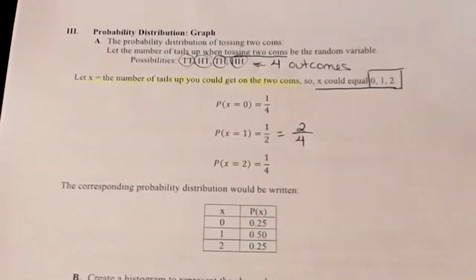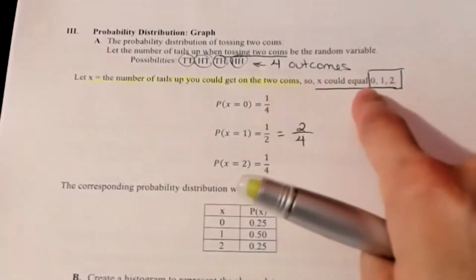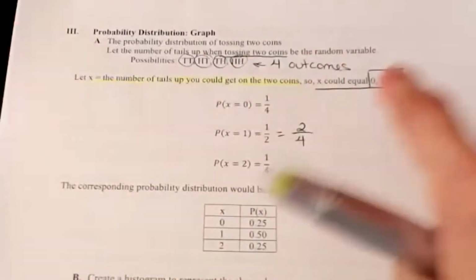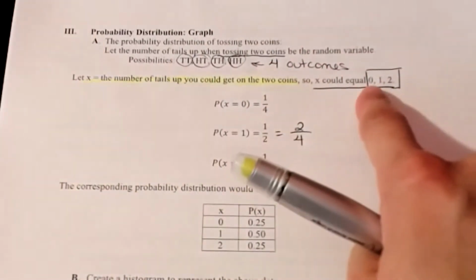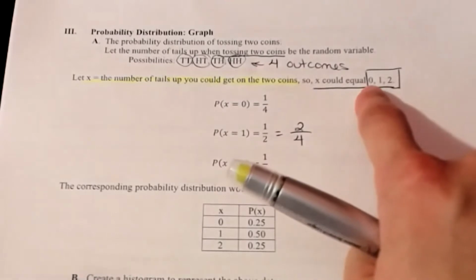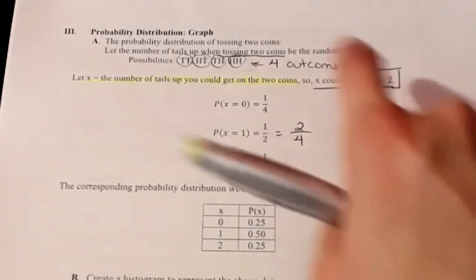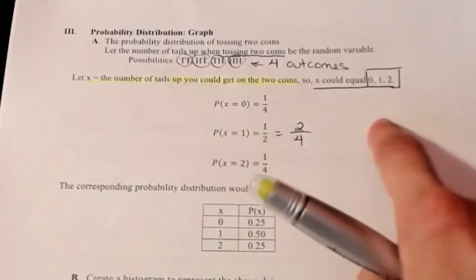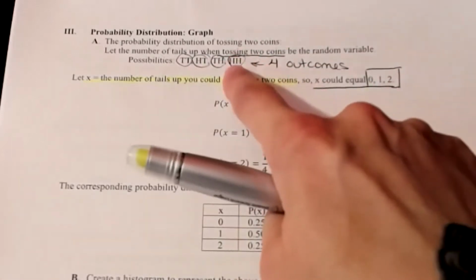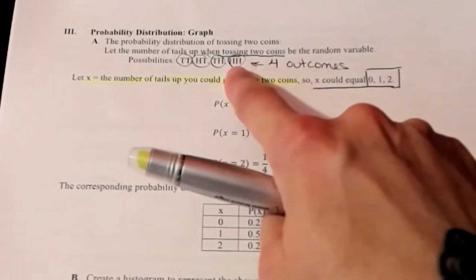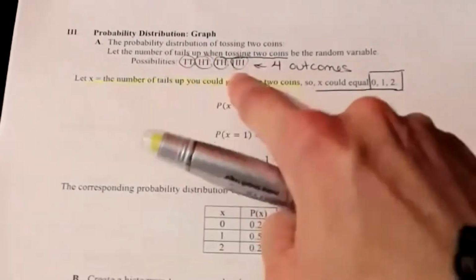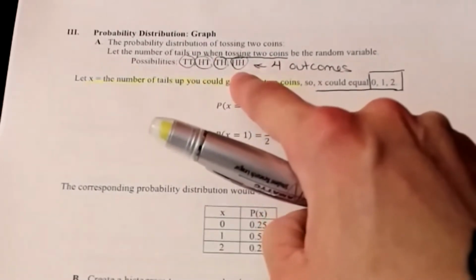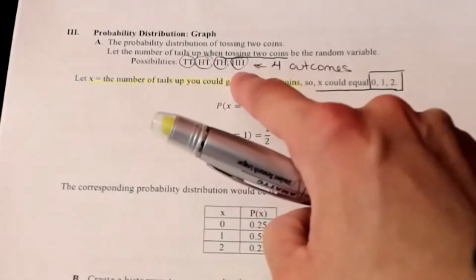What we're responsible for now is answering the question, what is the likelihood that when you toss those 2 coins, you get 0 tails? So what we always like to do is list what those outcomes are so that we could say, oh, well, 0 tails, that means that both coins land heads up. And only 1 out of the 4 will actually provide that. Does that part make sense?